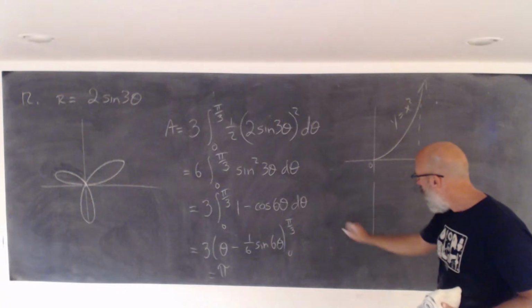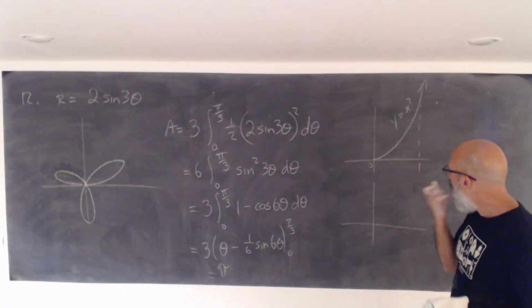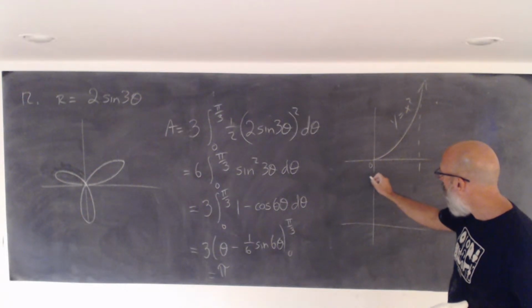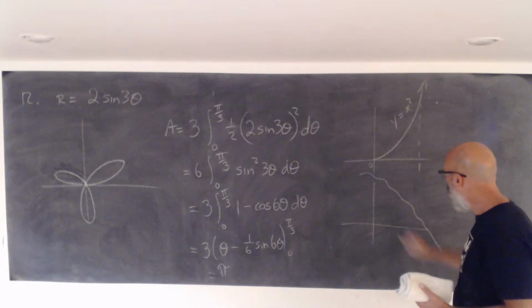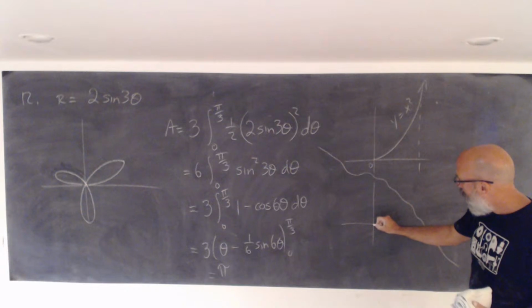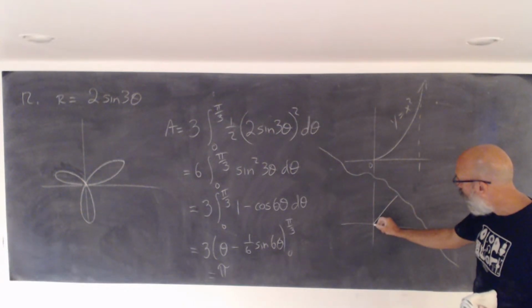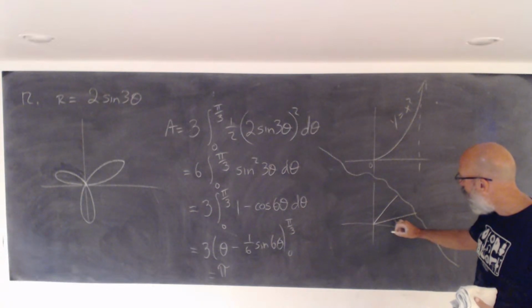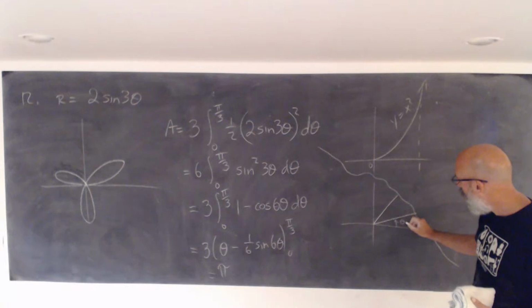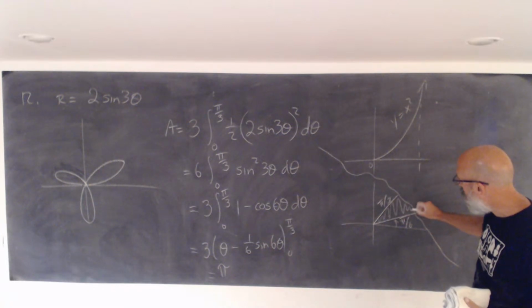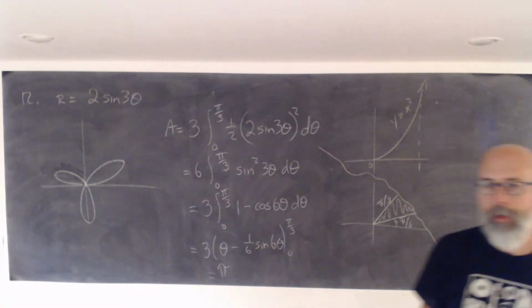And then the analogous thing might happen in polar coordinates if you have a function which continues on forever. The question might ask you to enclose it between pi over 6 and pi over 3. So they might ask for just this region here. That's a possibility.